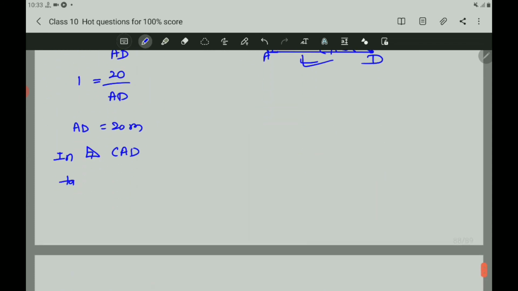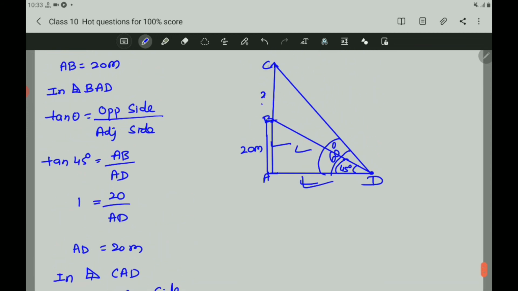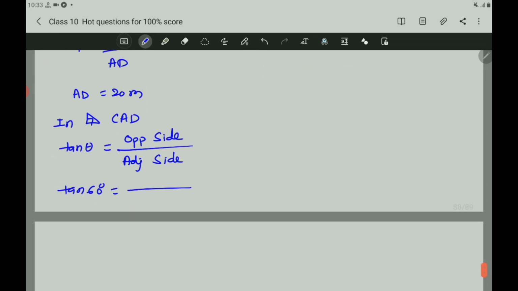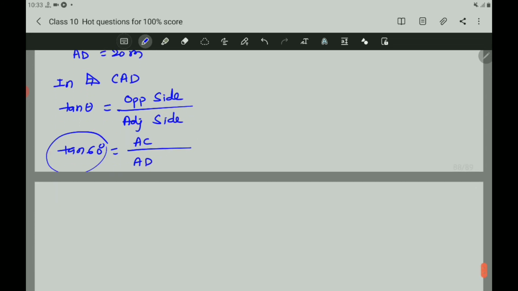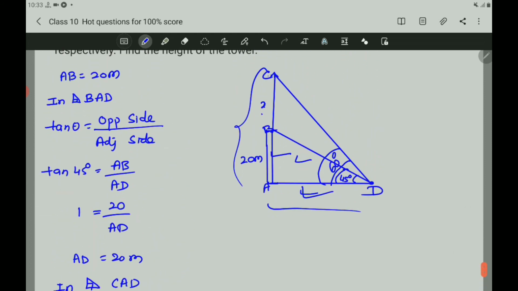Tan theta is equals to opposite side by adjacent side. That is tan 60 degree, which is the ratio AC by AD. What is the value of tan 60 degree? Tan 60 is root 3. Root 3 equals AC by AD, and AC is nothing but AB plus x.